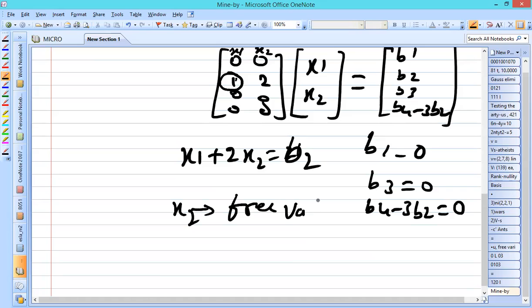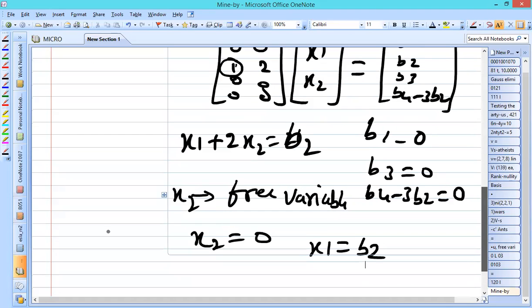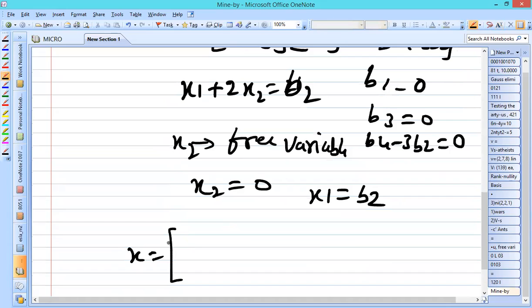So x2 is a free variable, so now you can set any value for x2. If I put x2 is equal to 0, then you'll get x1 is equal to b2. So the solution x is, x1 with the value b2 and x2 is equal to 0. So this is the particular solution for the given matrix.